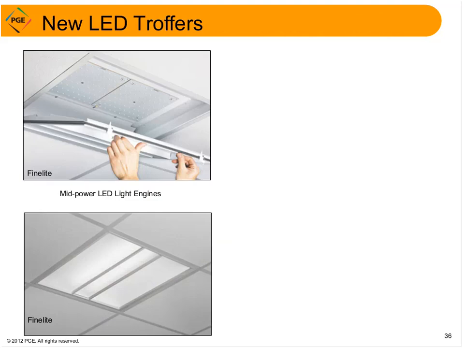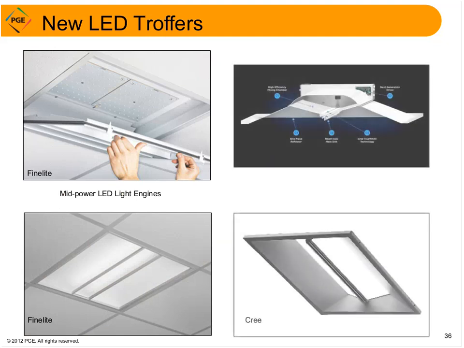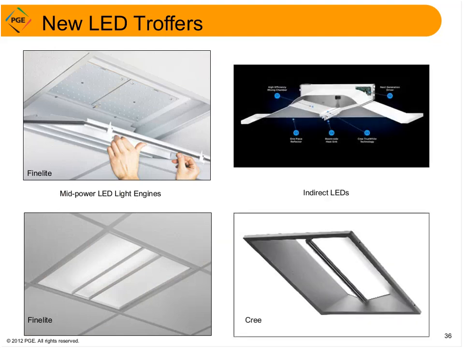So here's a couple examples of new LED troffers with different illumination approaches. Finelight and others use a mid-power LED light engine that's similar to the ones used to backlight flat-screen HD TVs. Cree has chosen to mount indirect reflecting LEDs on top of a decorative heat sink.